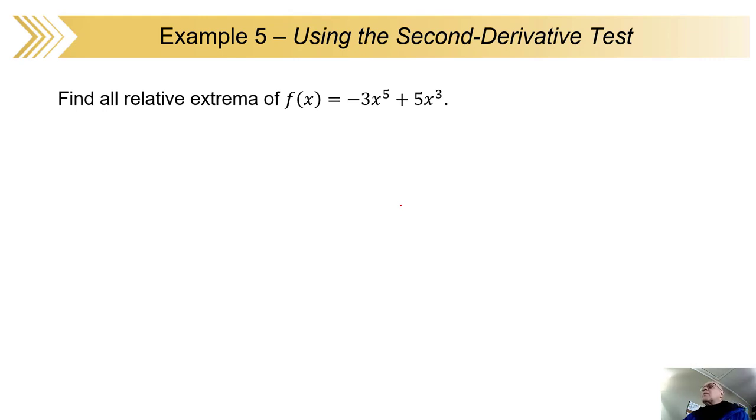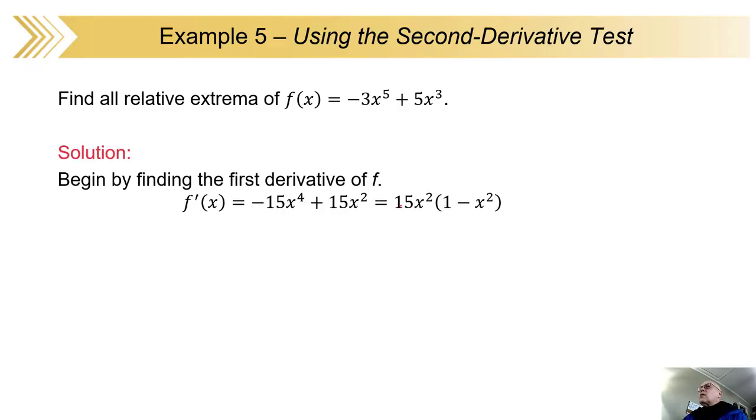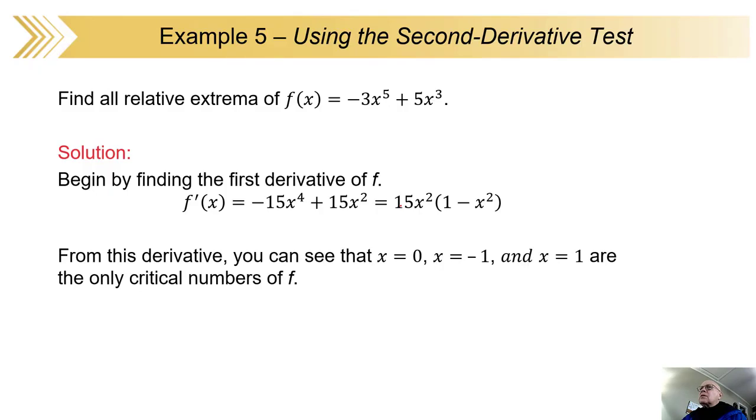Here's another example. Another nice one, obviously, because it's a regular polynomial. So first of all, you get the first derivative, and as sometimes happens, it's handy to factor that out. You can see that you've got 3 critical points, 0, -1, +1.